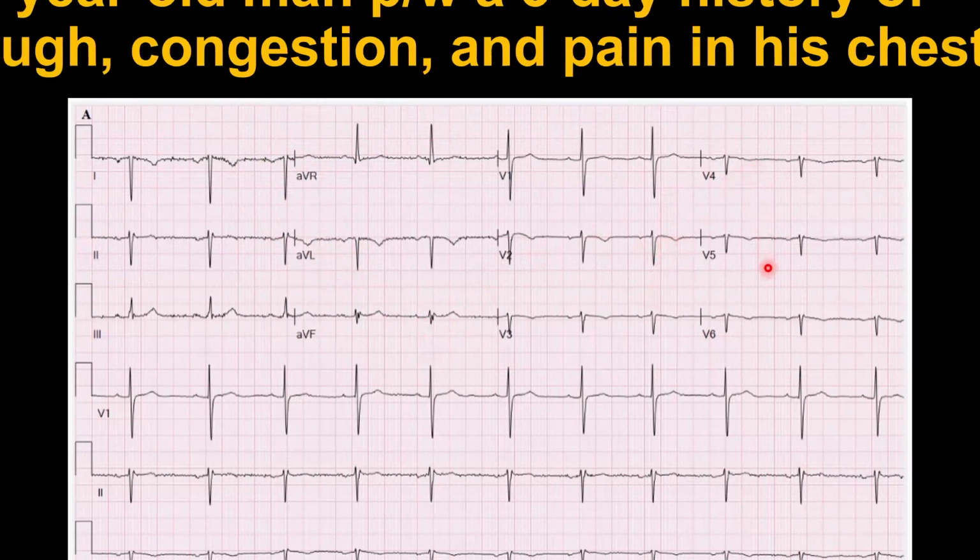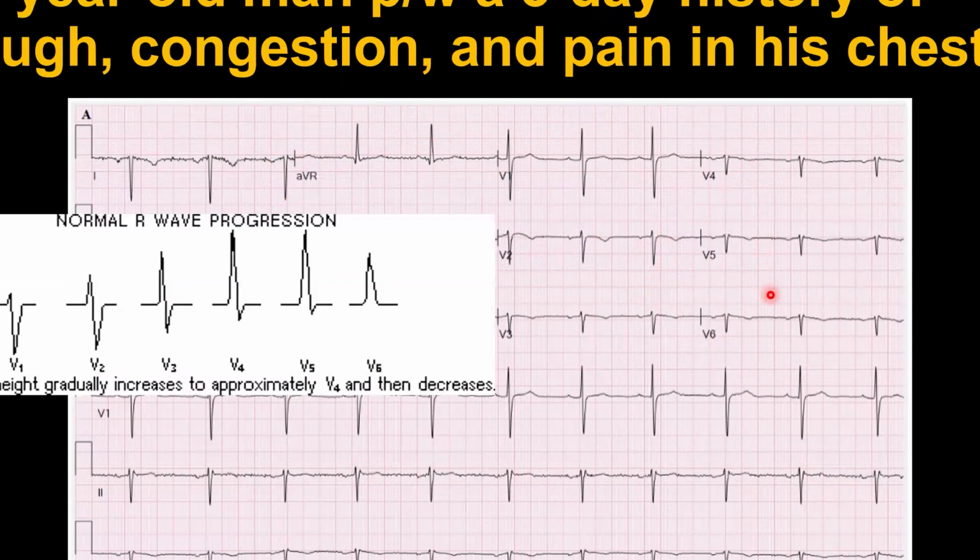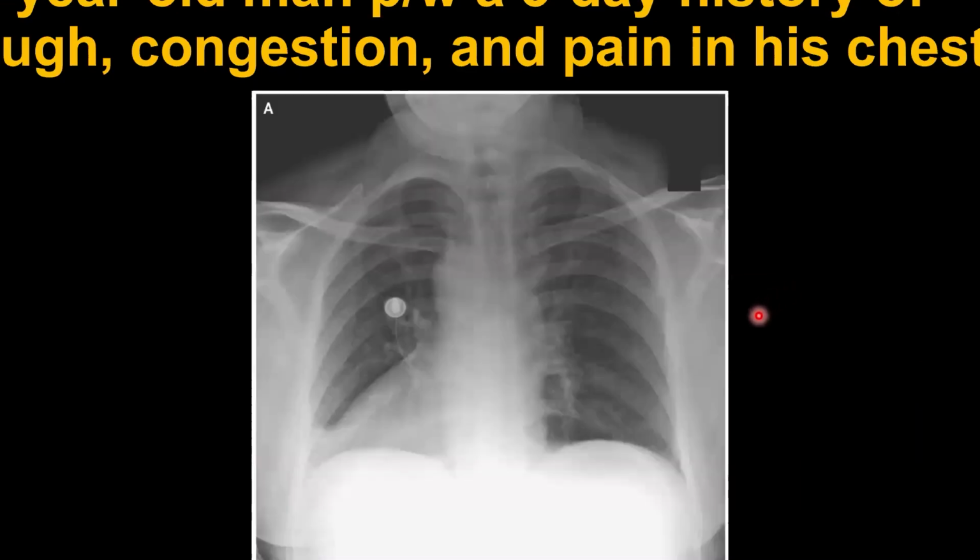As you go across the precordium, the impulses get smaller, not larger. Why is that? There's the explanation. His heart is located in his right chest and not his left chest. He has dextrocardia or situs inversus. So you'd have to take the chest leads on the right side in order to have them be normal.